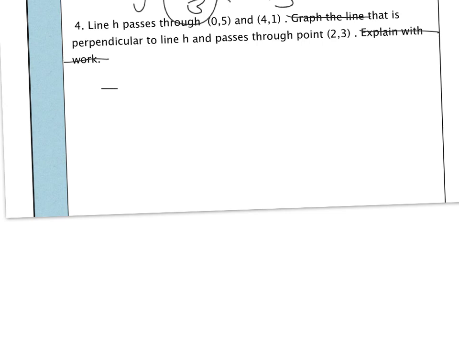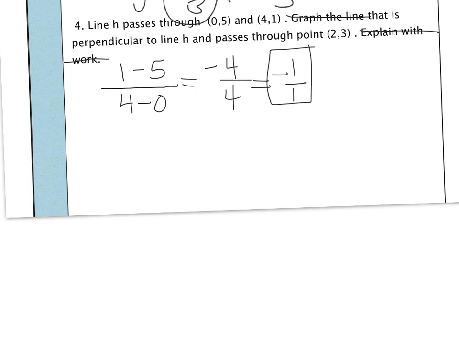So I've got (0, 5) and (4, 1). I'm going to take the y2, which is 1, and subtract 5 from it, because that's my y1. I'm going to take my x2, which is 4, and subtract 0. And I'm going to get the slope of that line, which is negative 4 over 4, which is negative 1. And we'll just put negative 1 over 1 so that we can actually have a denominator and a numerator.